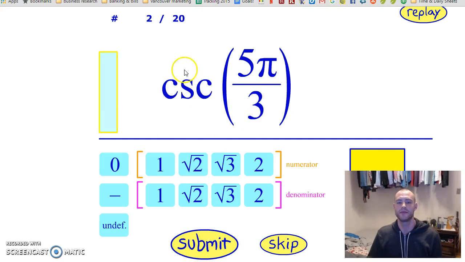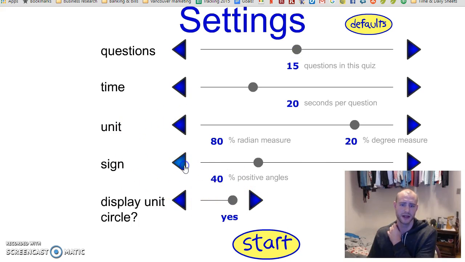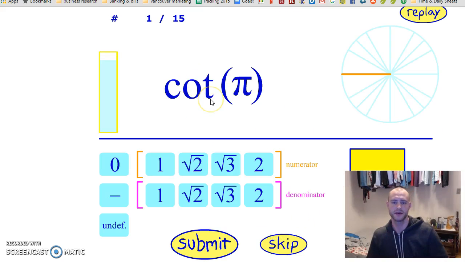It has some cosecant values and stuff. I think in the options you can make it a little bit easier. Time, unit sign, display circle. Yes, so you can display the unit circle. You're going to get some of the cotangents, cosecants, and whatever. Maybe use this one when you're a little bit more advanced.